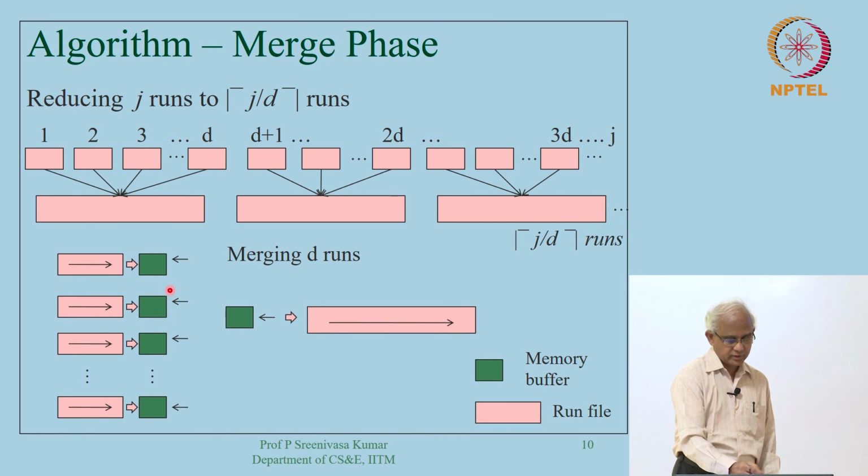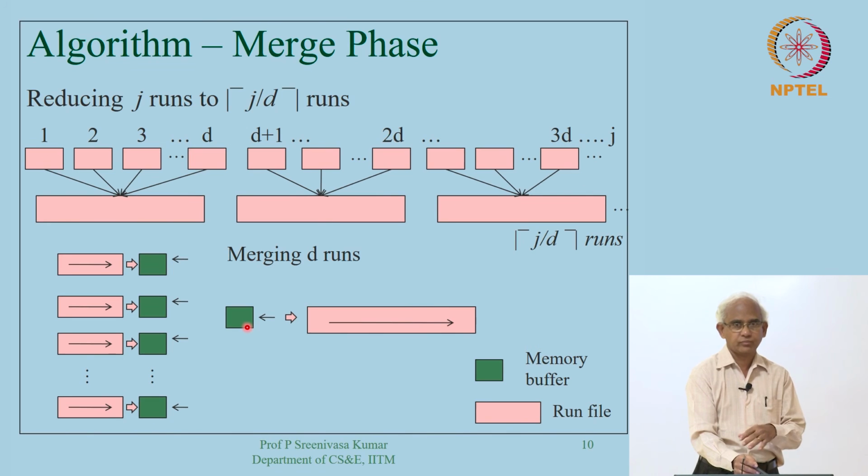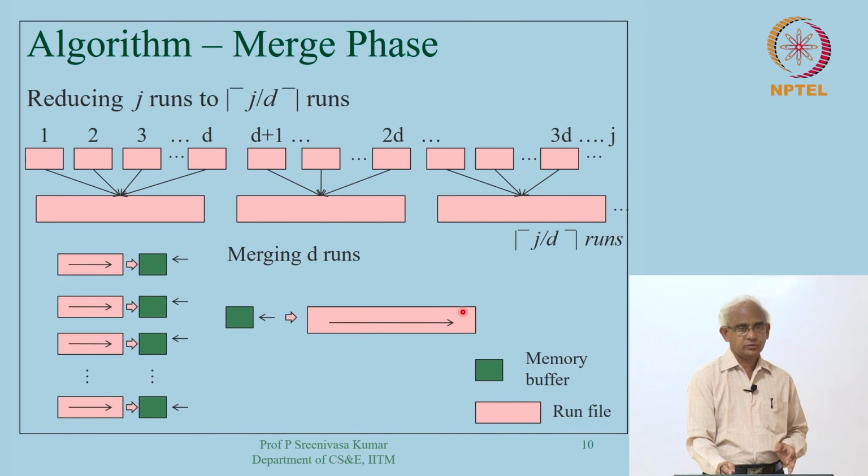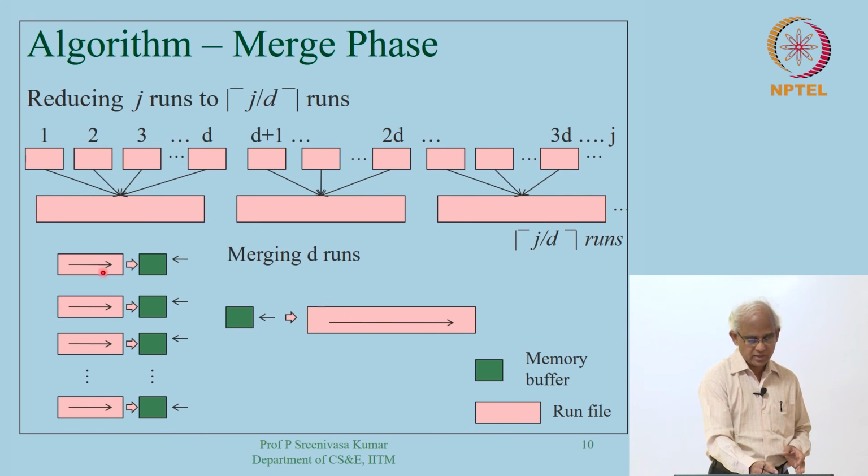Basically keep merging like that, and as you pick up the topmost records from this entire set, keep putting them onto the result, and the result block will start filling up. Once a block fills up, write it to the disk. So, you have taken some d runs and produced one run.